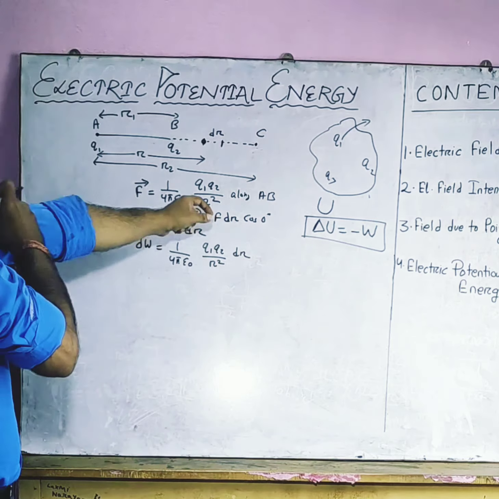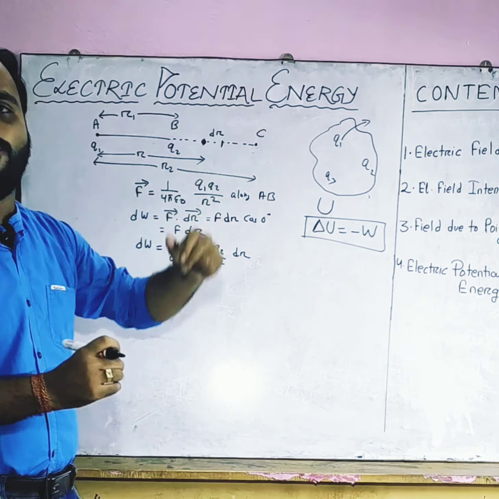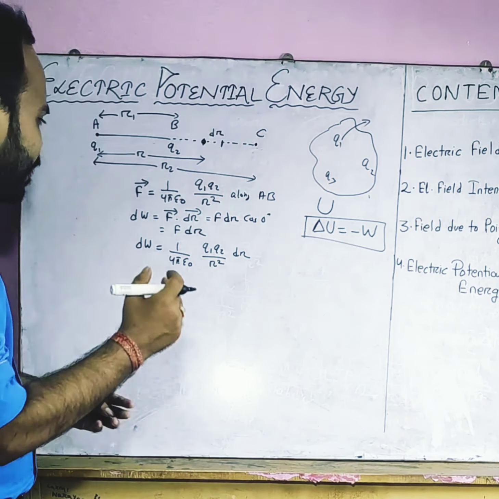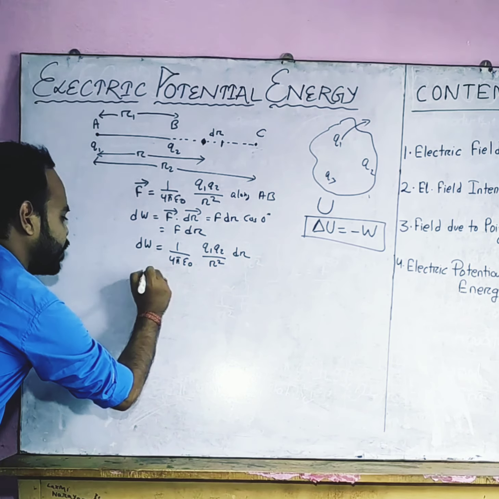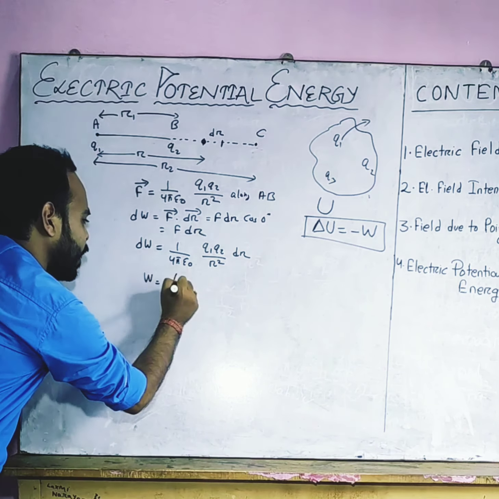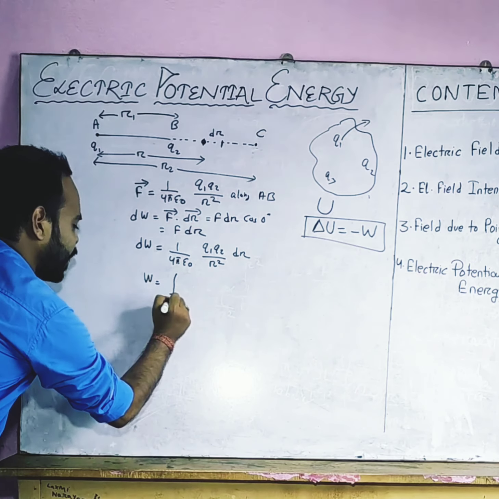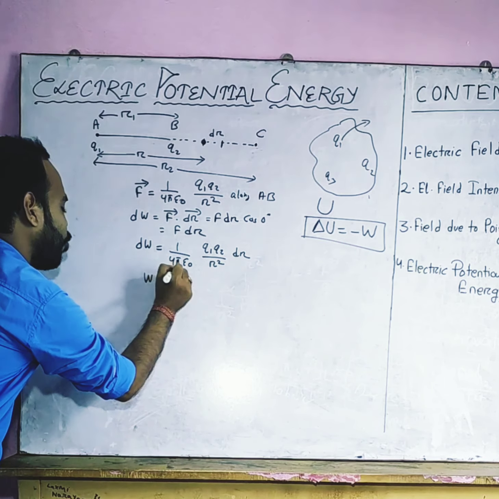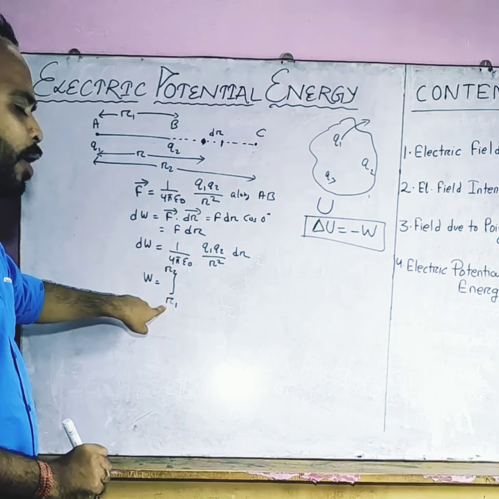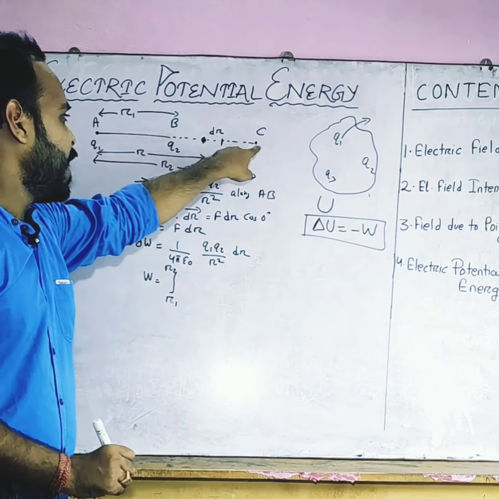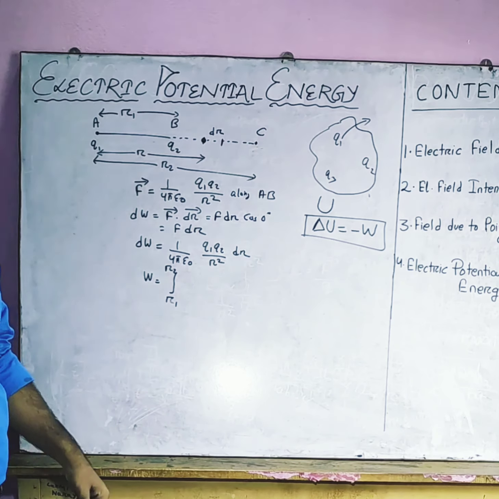Now the total work done in moving the body from position B to C can be obtained by integrating our equation. So we can write W equals the integration with limits R1 to R2. The distance from A to B is R1, so the lower limit is R1, and the distance from A to C is R2, so the upper limit is R2.